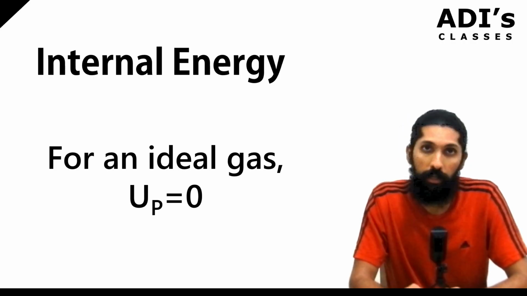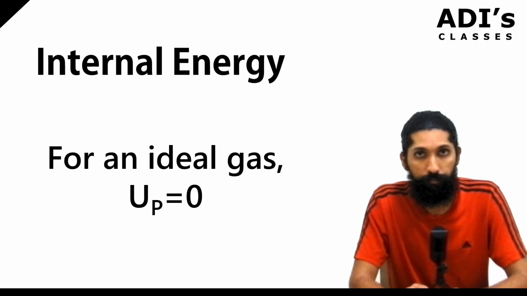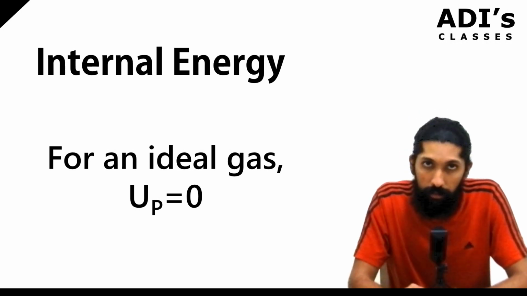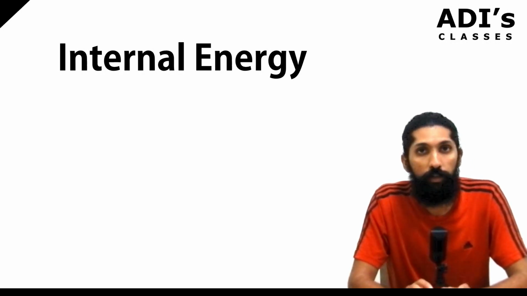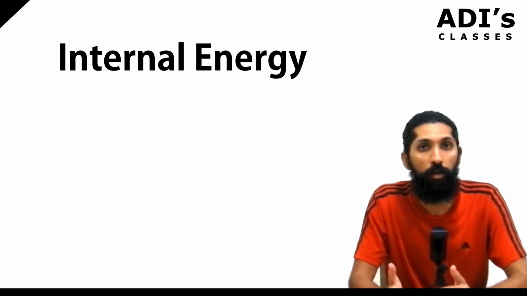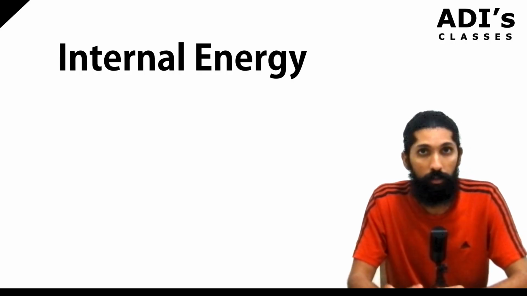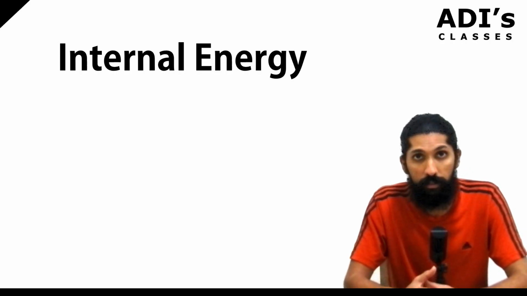Now, for an ideal gas, UP, that is the potential energy, will be 0. The reason is the molecular configuration or even the force of attraction between the molecules within the gas will be 0. They don't interact at all. That's the assumption. That's why it's an ideal gas.